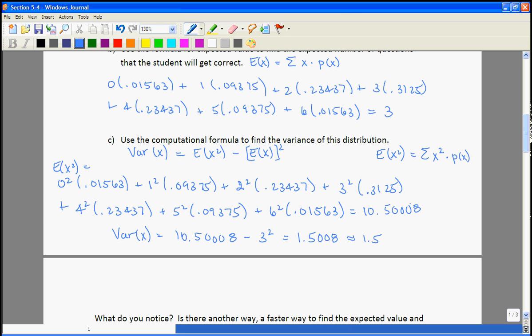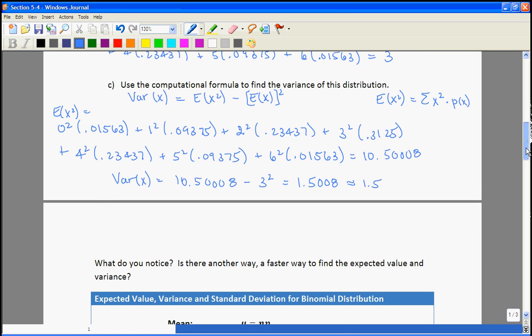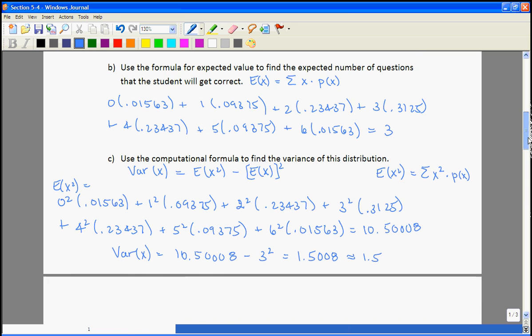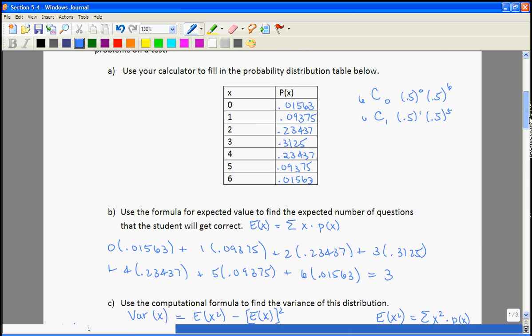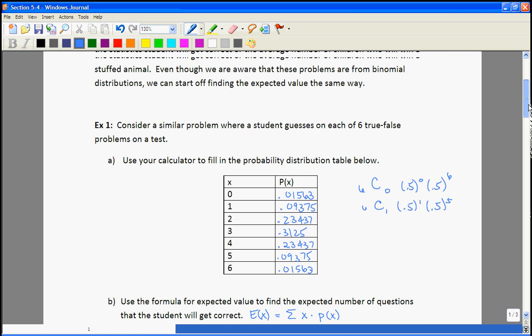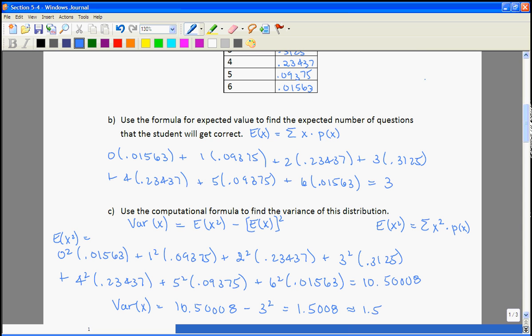Okay, that was a lot of calculations there. But do you notice anything? Is there another way, a faster way, to find the expected value and the variance? Well, let's look at our original numbers compared to what we found. We had that the number of trials n was 6.